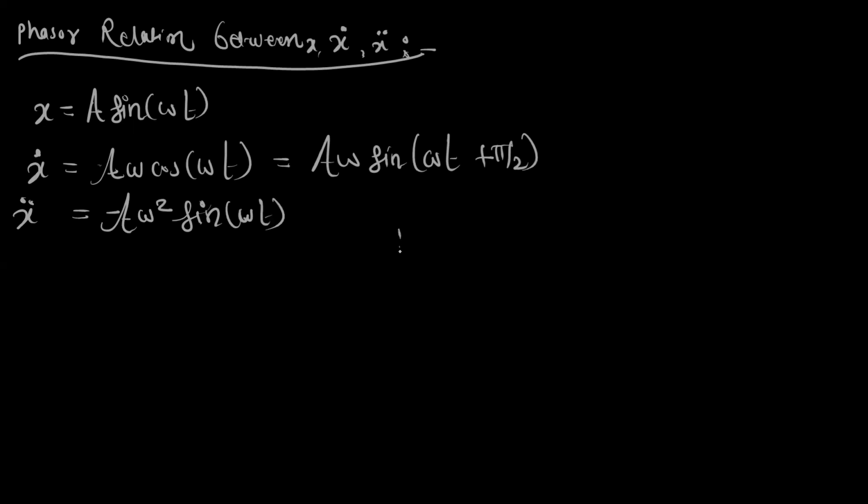So for the phasor diagram, you can draw the reference axis. You know this procedure. With respect to this reference axis, that is the x-axis here, refer the equation x equals a sine omega t. So you can draw the vector starting from this origin.